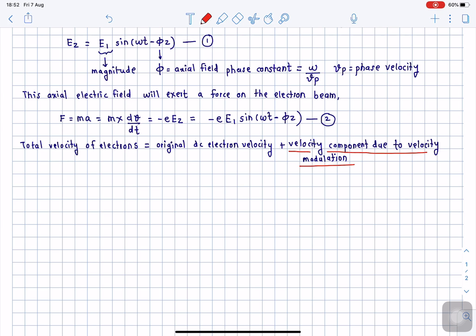So how is this total velocity given? Let us denote the total velocity with capital V, equal to the DC electron velocity V0 plus the modulated velocity of electrons because of the velocity modulation process, which we denote with VE cos of omega E t plus theta E. Let us call this equation number 3.